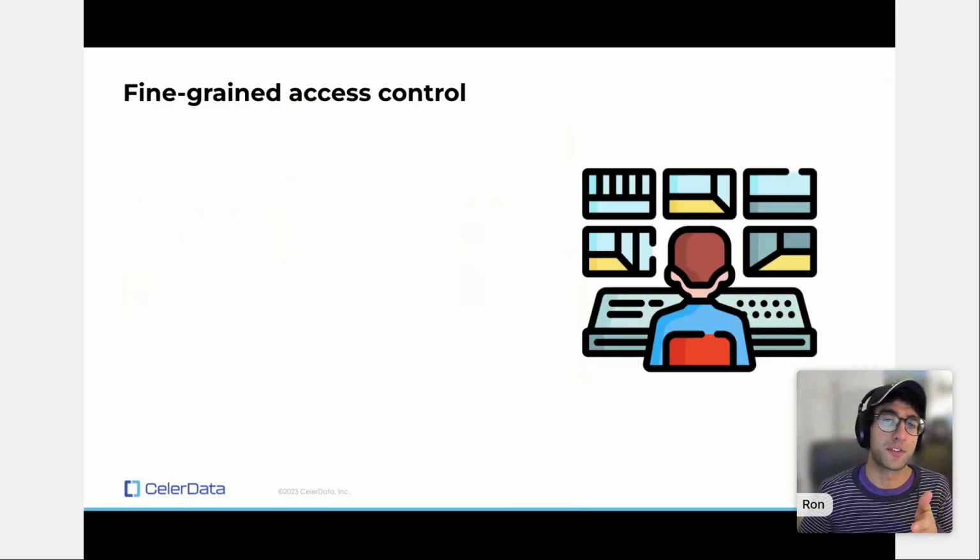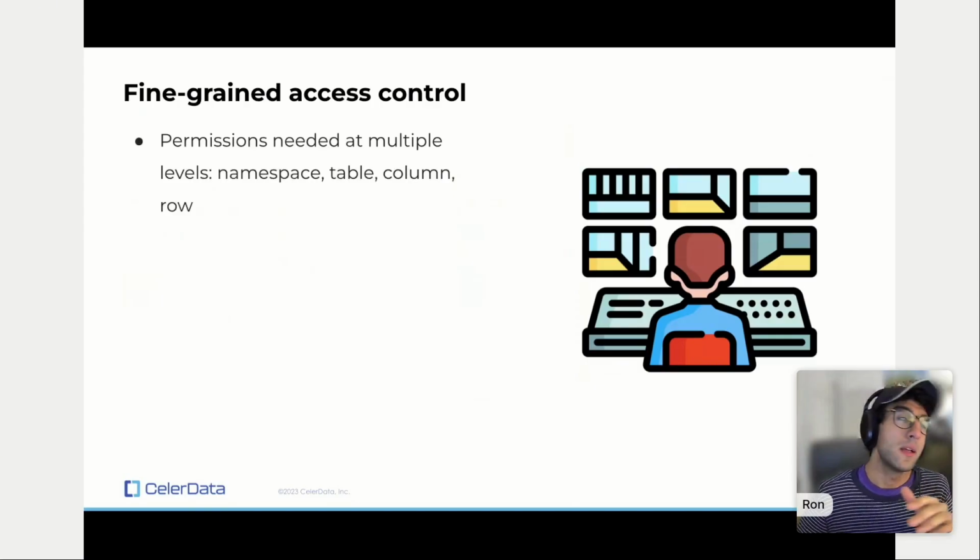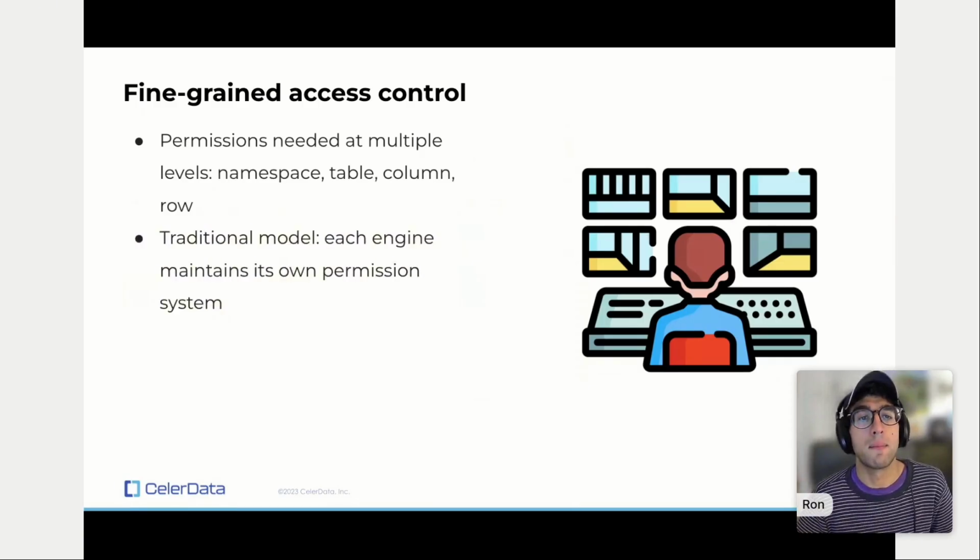Now, fine grained access control. What is fine grained access control? What are some of the challenges? Well, you need permissions at multiple levels, right? As I mentioned earlier, the catalog security is more metadata related. So, namespace, table, column, row, that sort of thing. In the traditional model, each engine kind of maintains its own permission system.